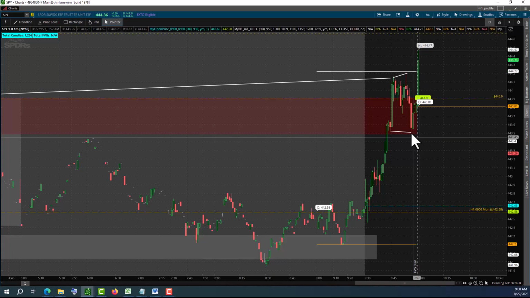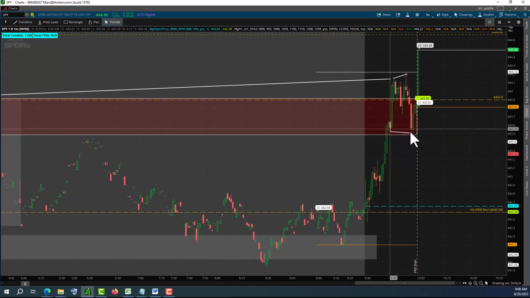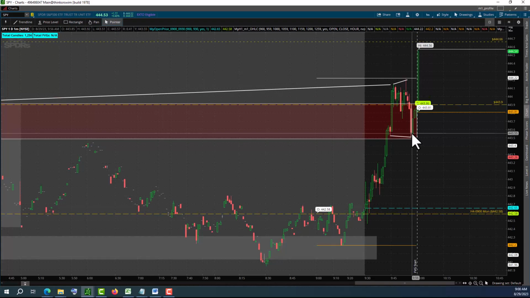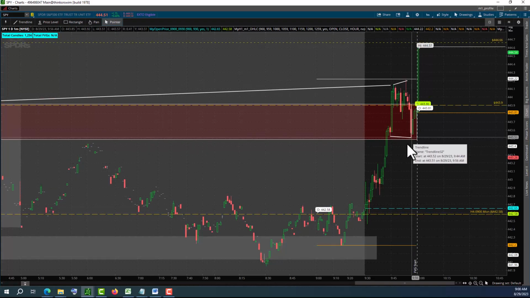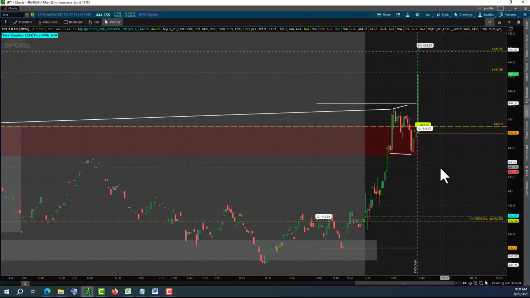Man, it retests exactly that area and just enough to take the sell side, will go up. Huge.